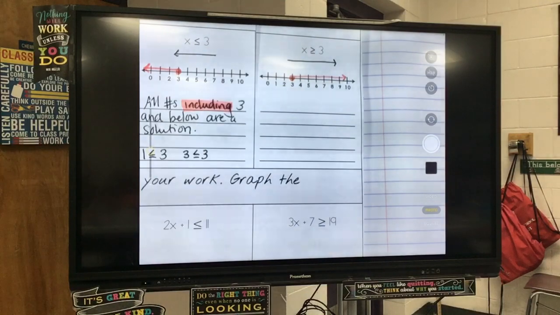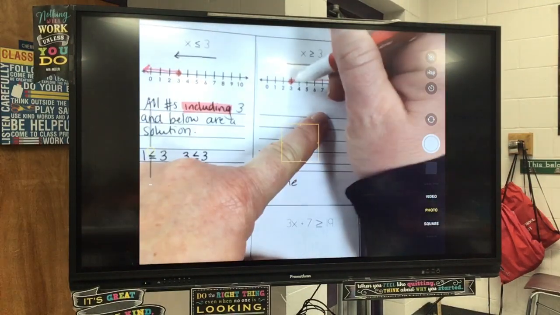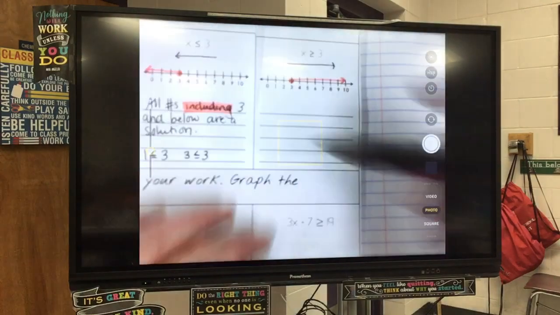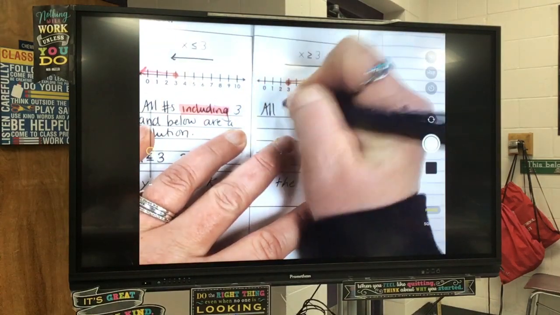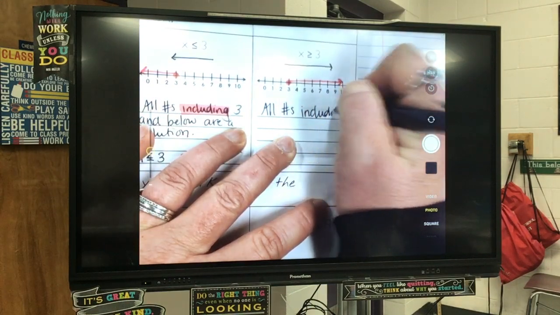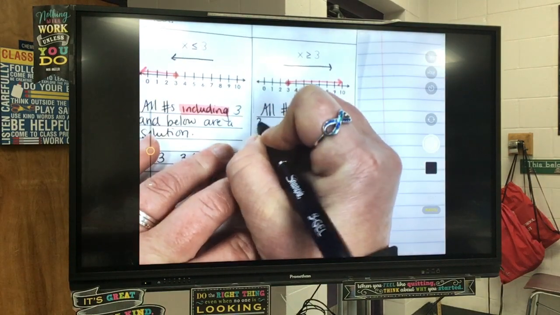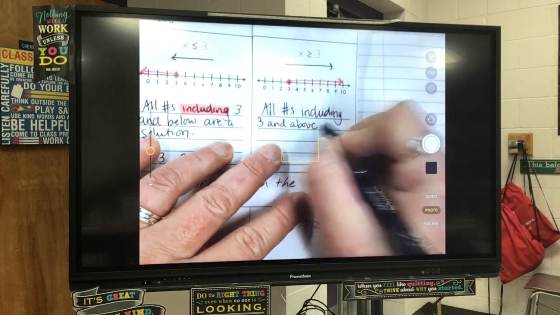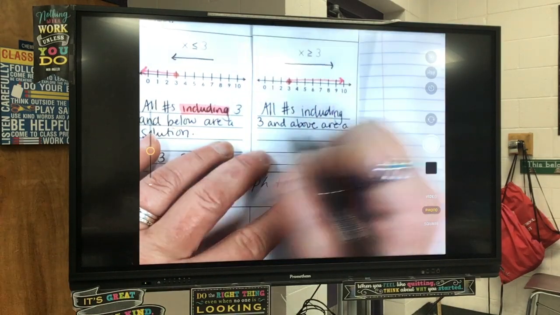Michaela, give me a number that makes my statement true. 9 is greater than 3. So 9 is greater than or equal to 3. So this one is all numbers, including 3 and above, are a solution.